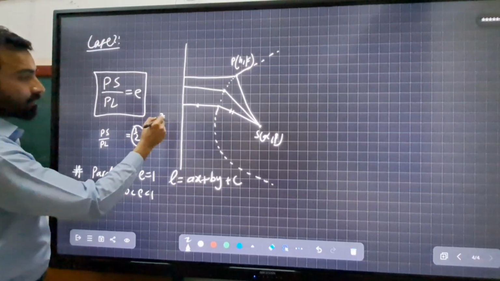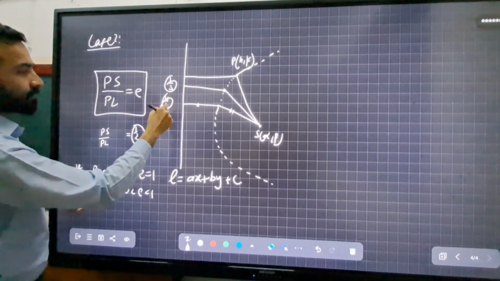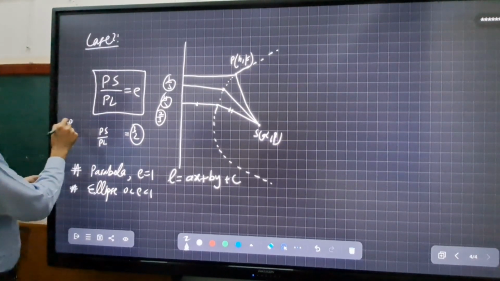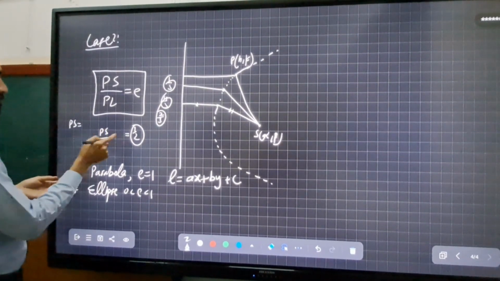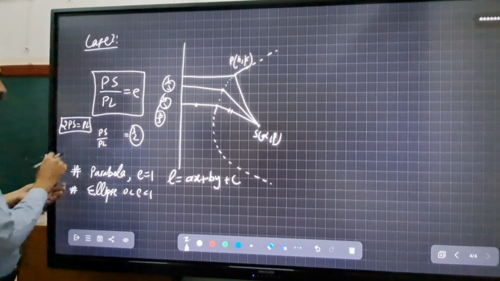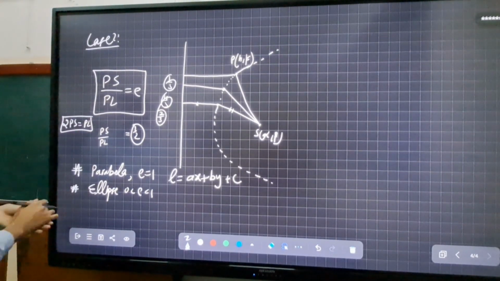Examples of eccentricity for ellipse are like 3 by 5, 4 by 5, 1 by 5. So just one case I am taking here, 1 by 2. If I cross multiply, 2 times PS is equal to PL. As you can observe, PL is double of PS. So this is also possible for ellipse.